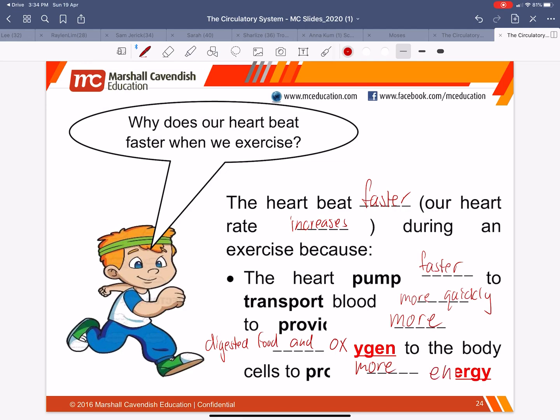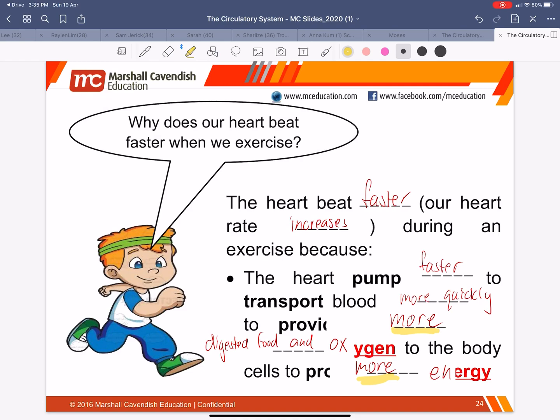Now at this time point, I want to stress the importance of the word more. I cannot stress this any more than this. You have to put in the word more when you talk about why does a heartbeat rate increases. So the reason why is during normal times, your heart will still beat.